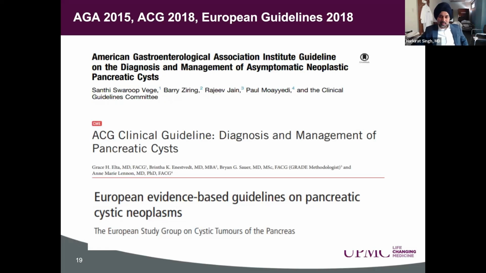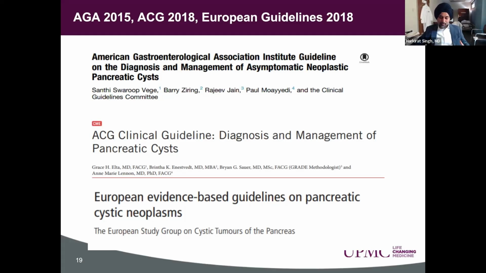Even the US societies came up with guidelines. In 2015, the American Gastroenterological Association came out with their guidelines, which were controversial. Then ACG, the American College of Gastroenterology, published guidelines in 2018, and we have European guidelines. Lots of guidelines.